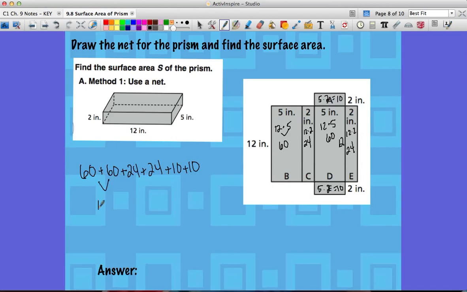I know 60 and 60 gives me 120. 24 plus 24 gives me 48. 10 plus 10 gives me 20. 120 plus 48 is going to give me 168. Plus 20 is going to give me 188. So my answer is 188 square inches.